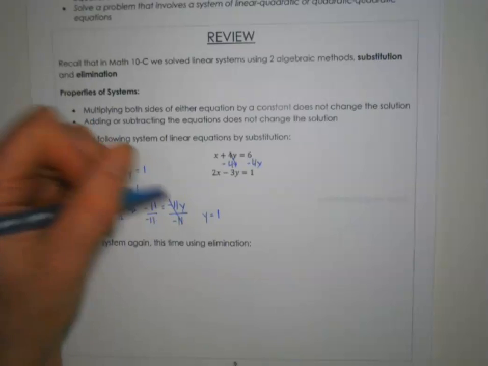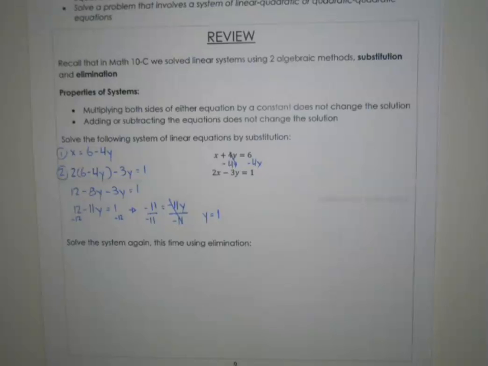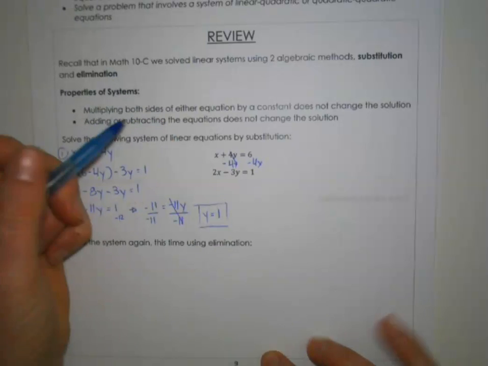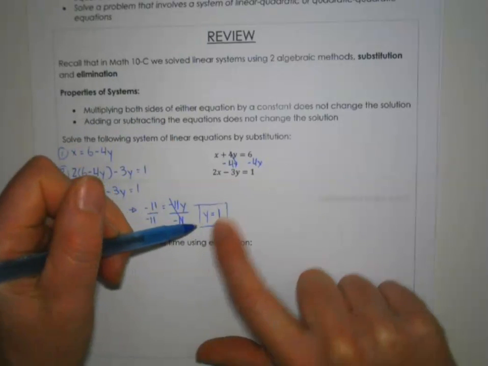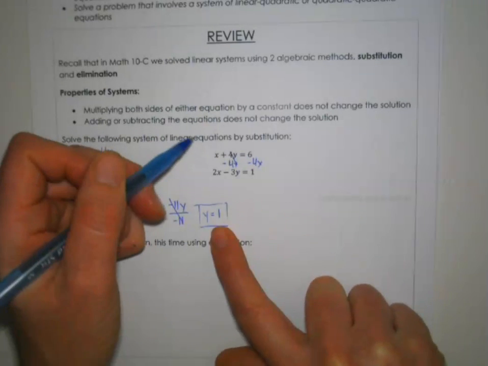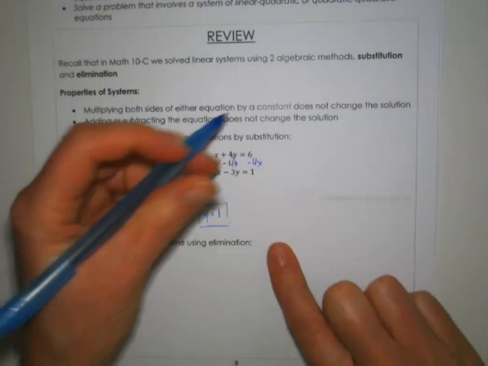The next thing we want to do is, because remember with our solution we want a value for both x and y, so we can solve for x now by substituting y back into one of these equations. So let's say we'll substitute it back into the first one because it's nice and simple.